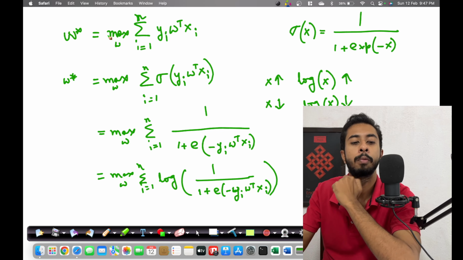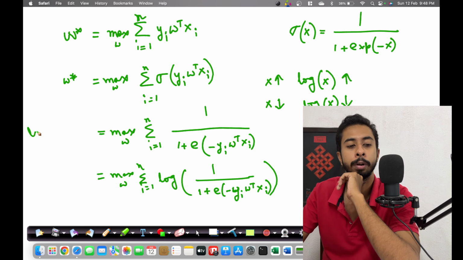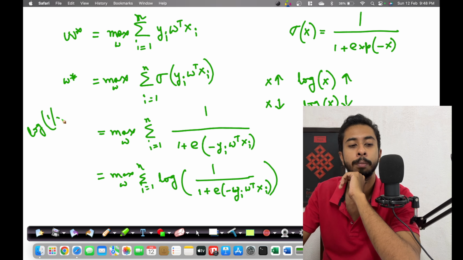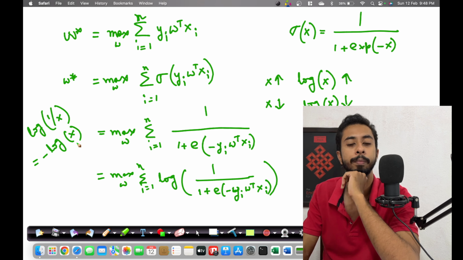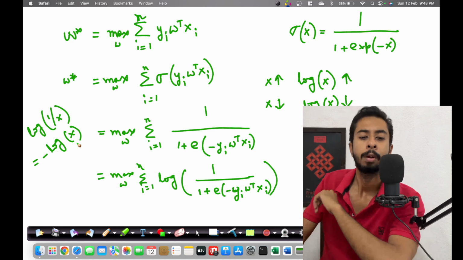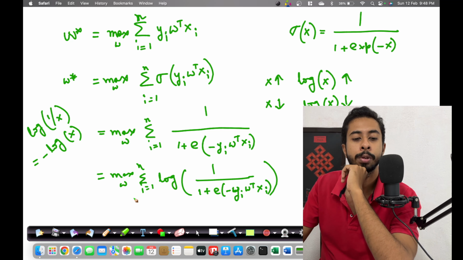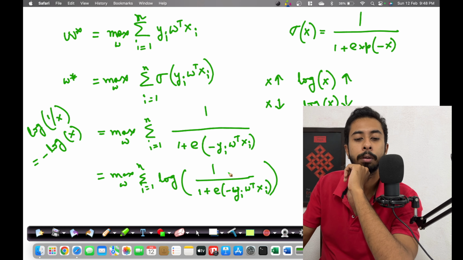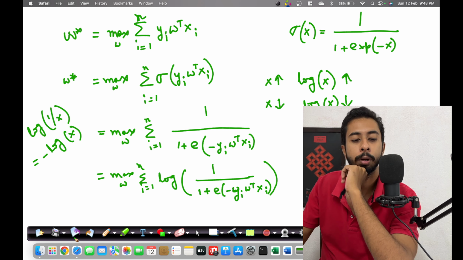Now what is log of 1 by x? We already know it, right? Log of 1 by x is minus log x, if I'm not wrong. So we can rewrite this equation as this being inverted and minus log x.